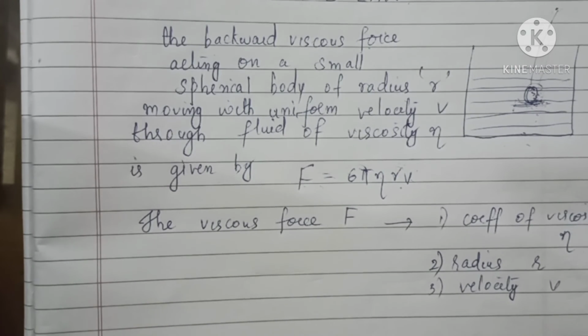So the viscous force F acting on a sphere moving through a fluid depends upon the coefficient of viscosity eta, radius r of the spherical body, and velocity of the body.